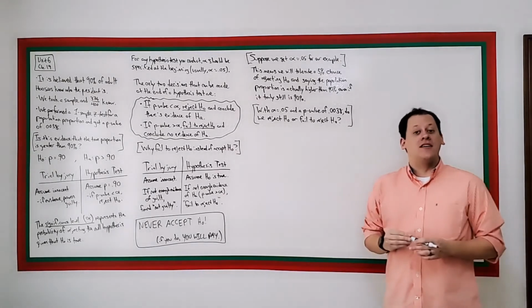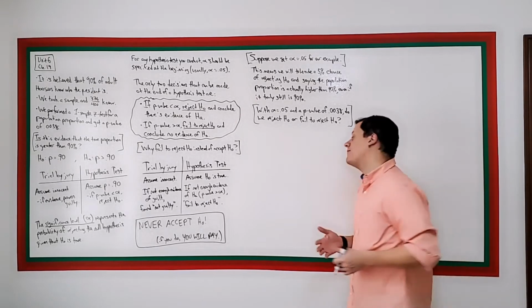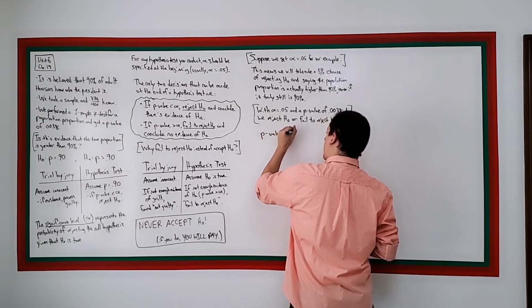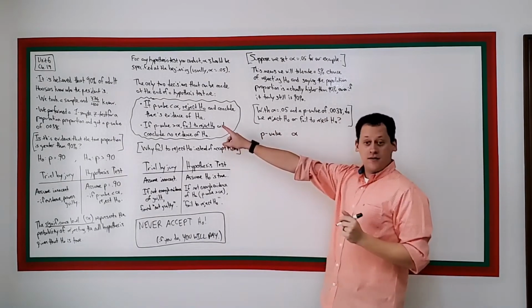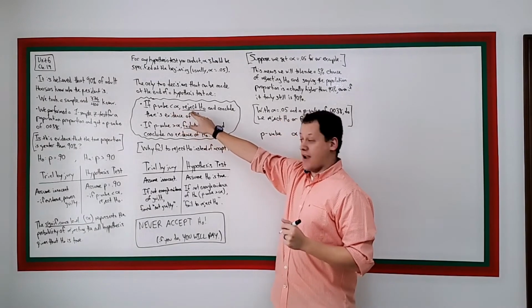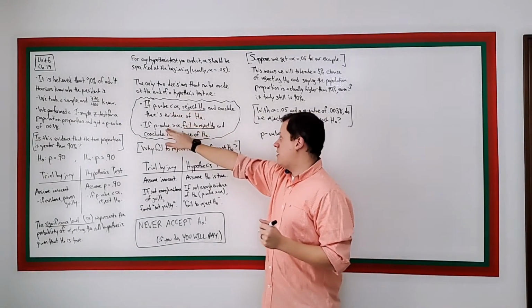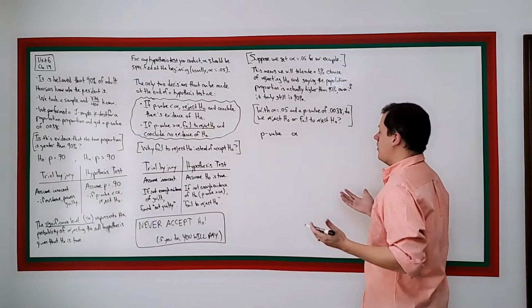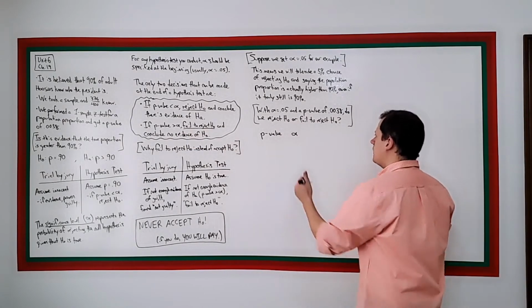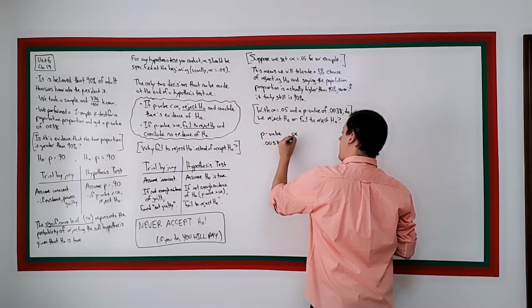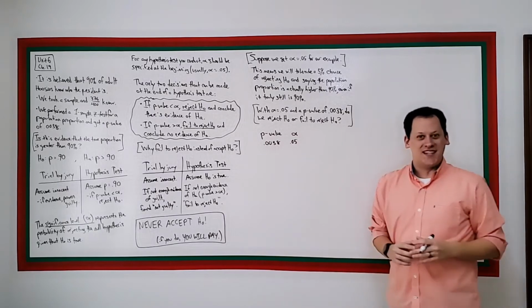We know we're comparing the p-value to alpha, right? This is what we're looking for. If the p-value is less than alpha, we'll reject the null. If the p-value is greater than alpha, we'll fail to reject the null. So, which is it? The p-value is 0.0038. Alpha is 0.05. Which way does it go?